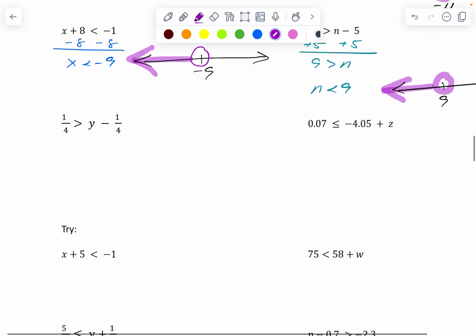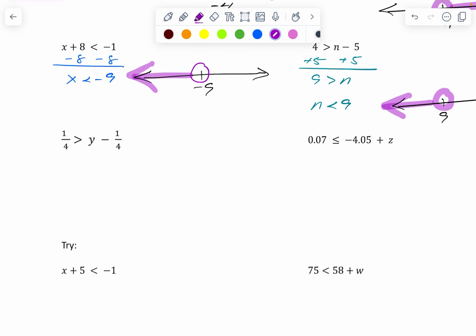We have some challenging ones because we're not afraid of fractions, right? We are not afraid of fractions. We're going to add 1/4 to both sides. And we're going to get 2/4, which is equal to 1/2, is greater than y. So 1/2 greater than y. I'm going to rewrite this so it's y is less than 1/2.